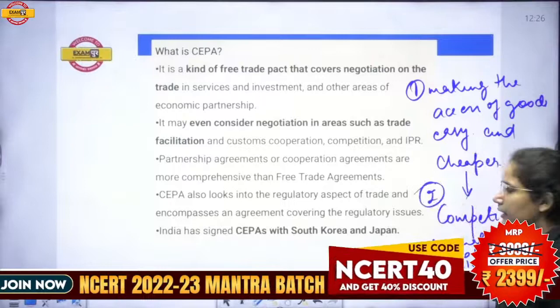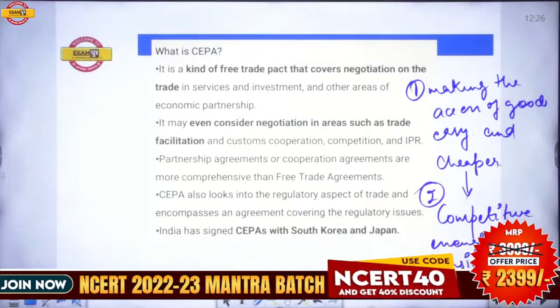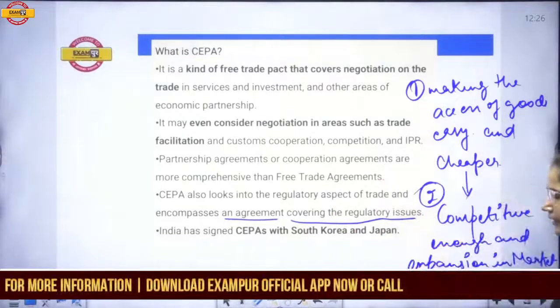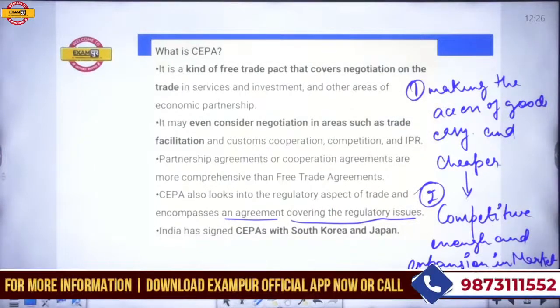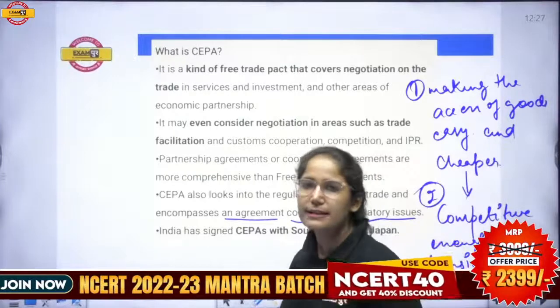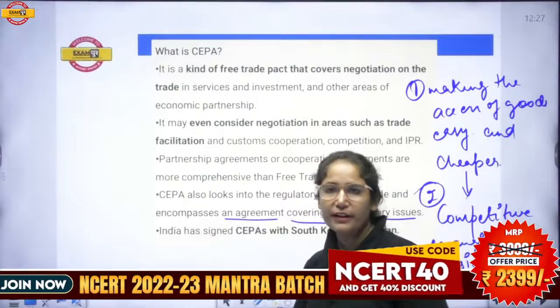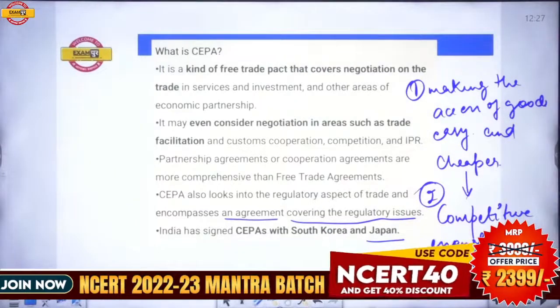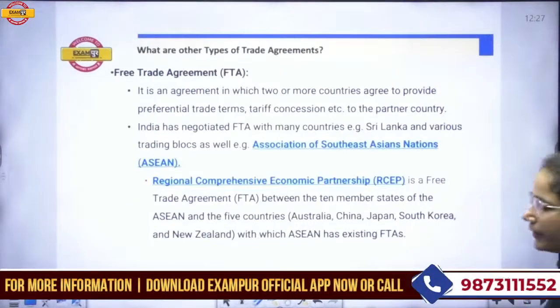Number 2. Okay, so it encompasses an agreement covering regulatory issues. India has signed CEPAs with South Africa. You should be aware of the fact, Comprehensive Economic Partnership Agreement. This is along with South Korea and Japan, plus you are in talks with the UAE.